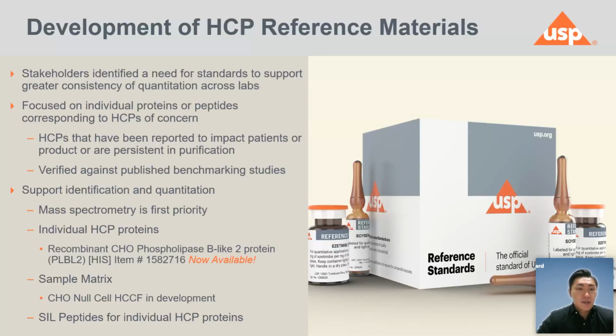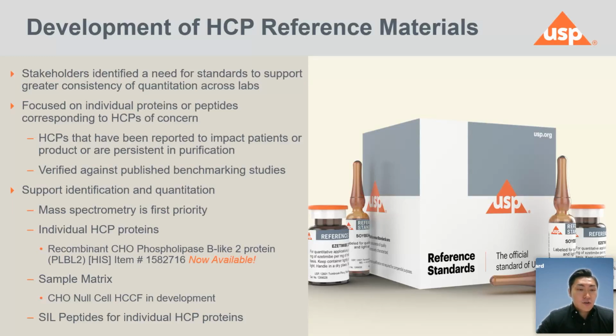These HCPs have been reported to impact patients or product or are persistent in purification and have been verified against published benchmarking studies. And we are dedicated to support identification and quantitation with mass spectrometry being our first priority.